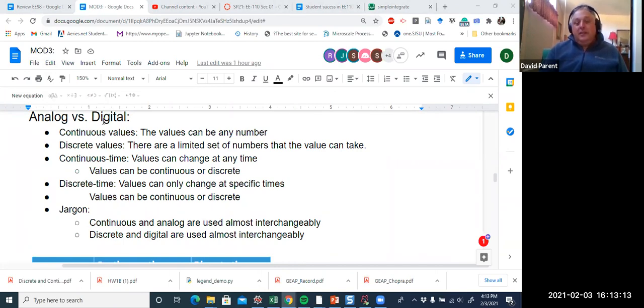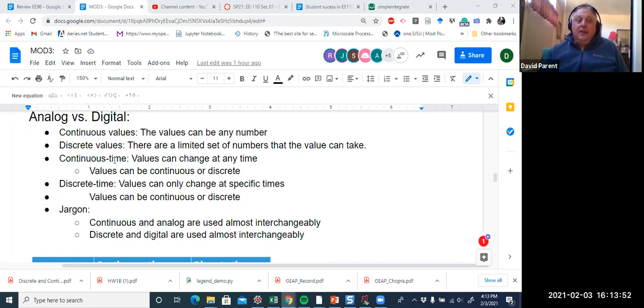And digital is the same kind of shorthand for discrete, except normally with a microcontroller, for discrete we think the values are limited, right? If there's 8 bits, there's only so many values it can be, but also things can only change at certain times. But actually, there's something called continuous valued, where it can take on any value, right? And discrete values are limited, set by the number of bits of the system.